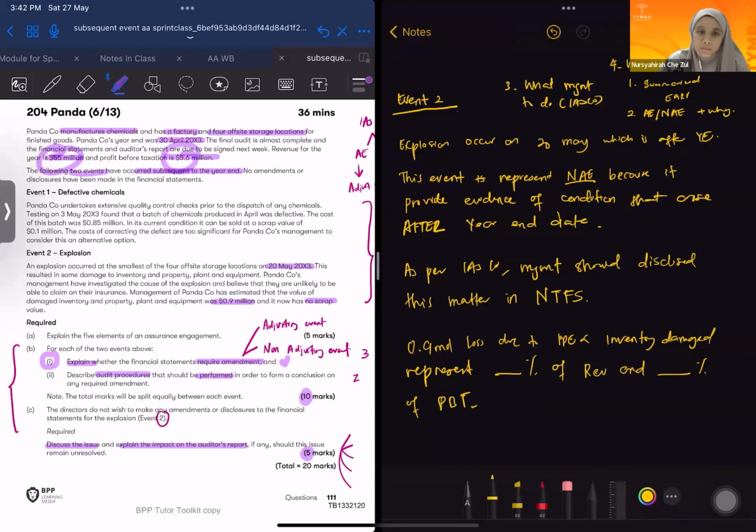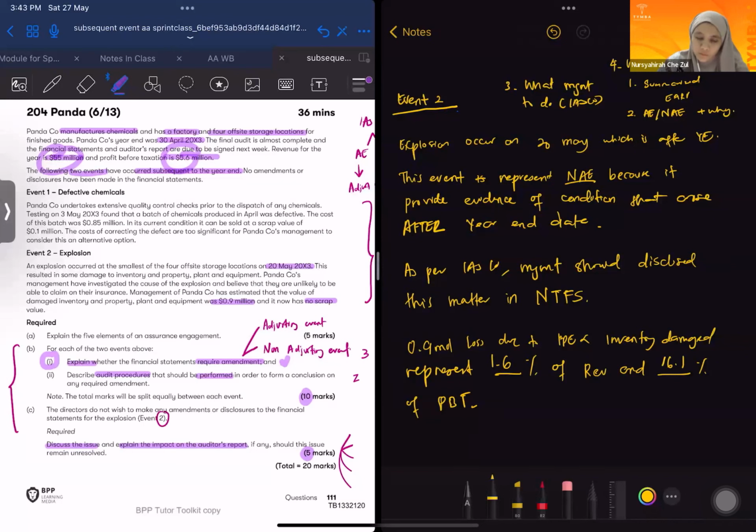Quickly calculate for me. 0.9 divided by revenue of 55 times 100 is 1.6% of revenue. Out of PBT, it is 0.9 divided by PBT 5.6 times 100. Is it 16? Okay, let's put it at 16.1%.